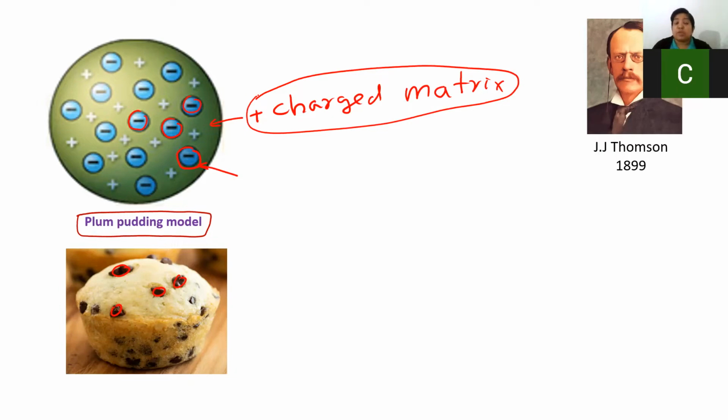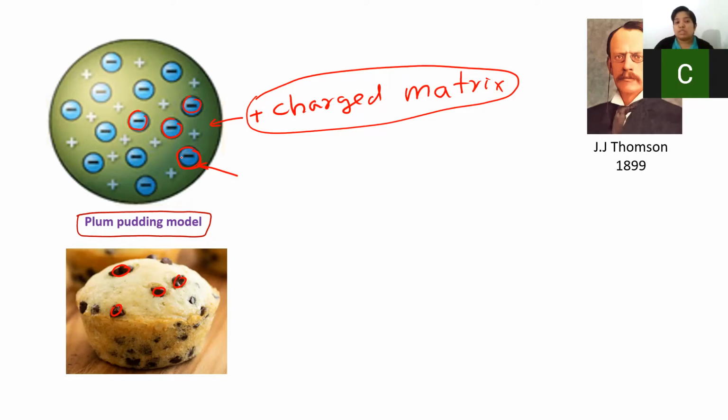No. So we know that matter around us is electrically neutral. If something is electrically neutral, and if this something is generating negative charges, then there should be an equal amount of positive charges to neutralize it. So it's just using simple logic.